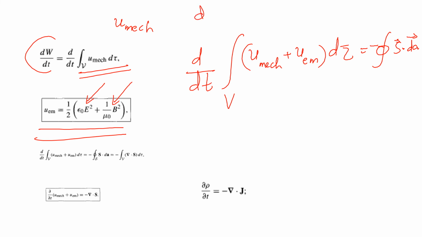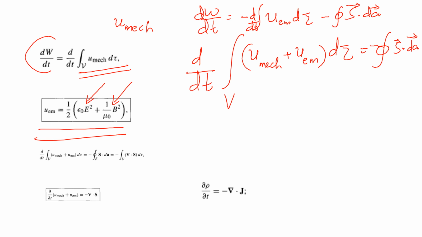Because remember, dW by dt equal to minus d by dt of integral UEM d tau minus integral S dot dA was Poynting's theorem, right? Okay, this was Poynting's theorem.